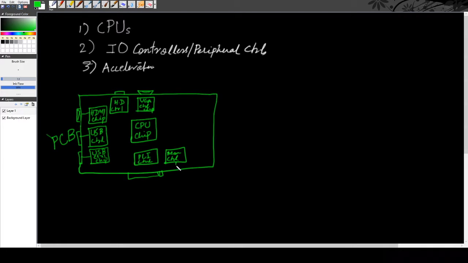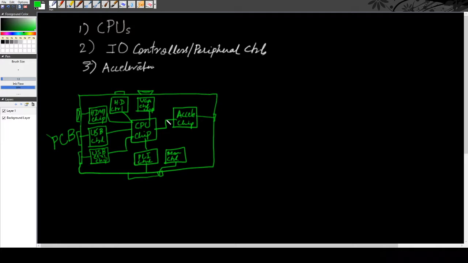And all these controller chips will be connected to their ports as well as to the CPU. These are all the peripheral controller chips and the CPU chips, and we also talk about an accelerator chip, which may be connected to some external, but the main interface will be the CPU.